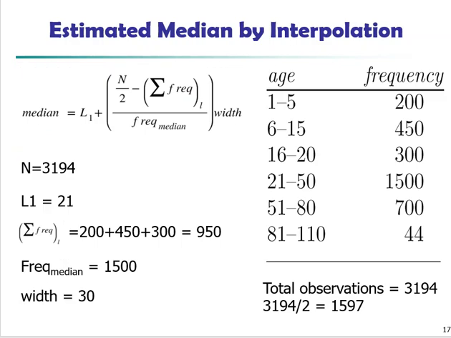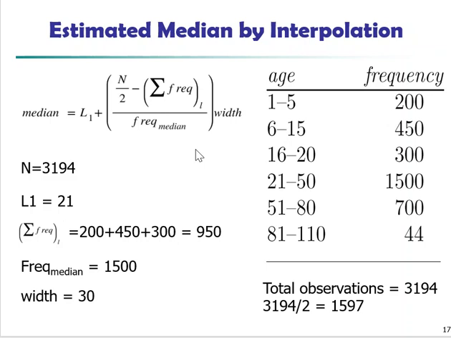So now we can go back and look at this formula that we touched upon. In general, median is more costly to compute than mean and mode.